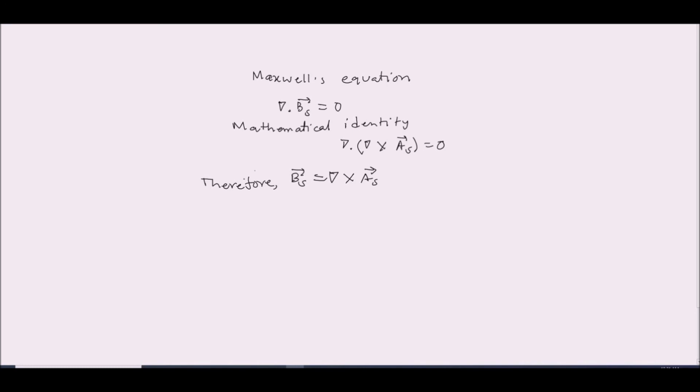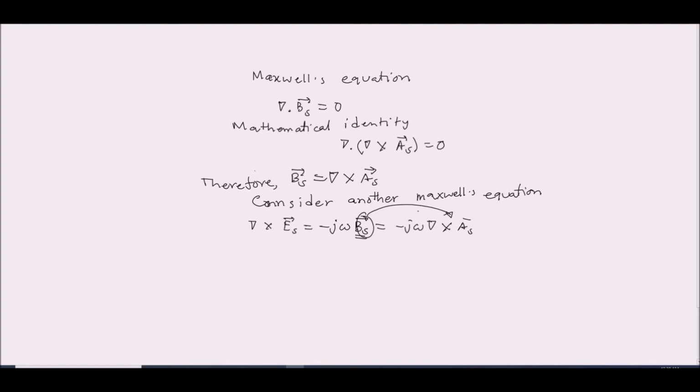We take another Maxwell's equation, curl of Es is equal to minus j omega Bs, where I replace this Bs with curl of As and move it to the left side.